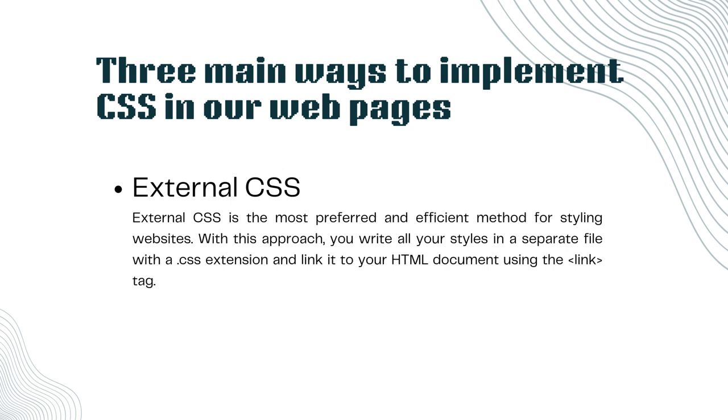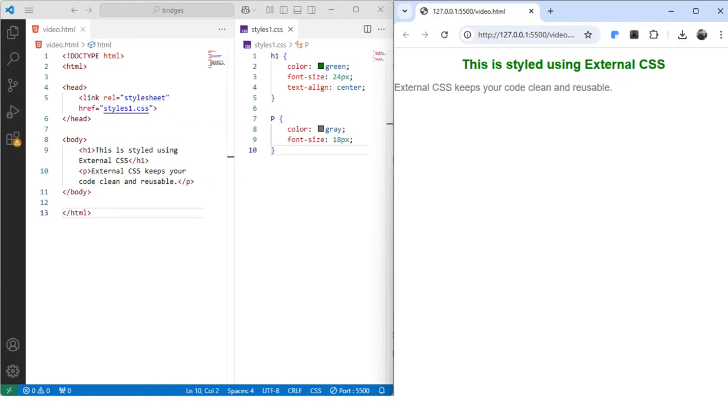Finally, we have external CSS, the most preferred and efficient method for styling websites. With this approach, you write all your styles in a separate file with a .css extension and link it to your HTML document using the link tag. Here, the styles are stored in a separate file called styles.css. This file is linked to the HTML document using the link tag in the head section.